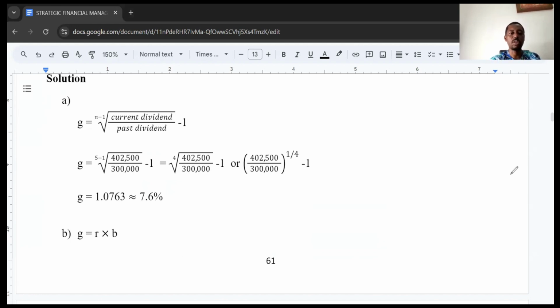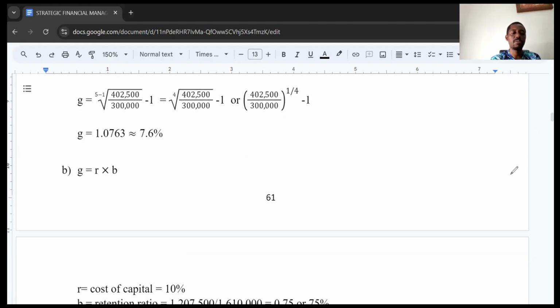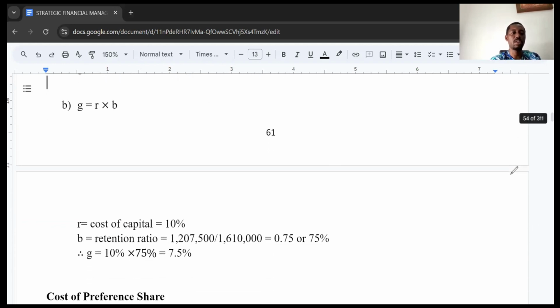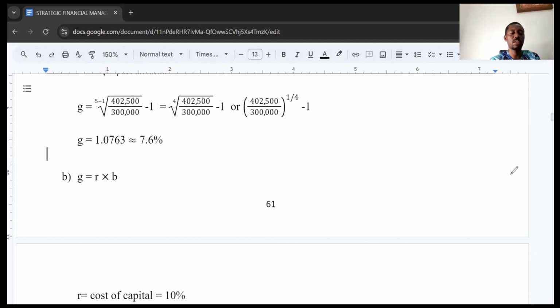So if you do this calculation, you divide this and take the fourth root, you have 1.0763, approximately 7.6. So therefore, your g will be 7.6%.